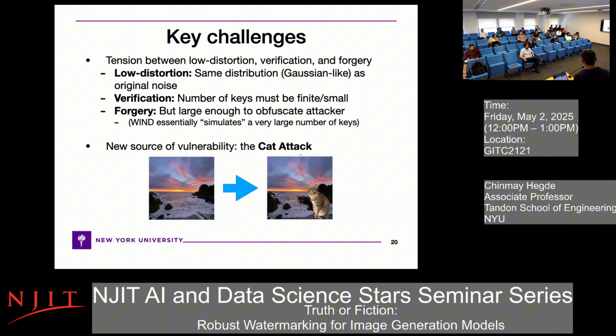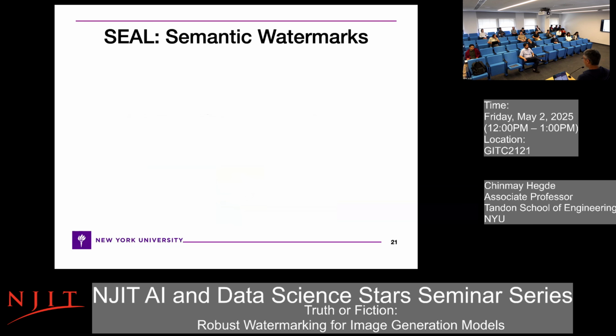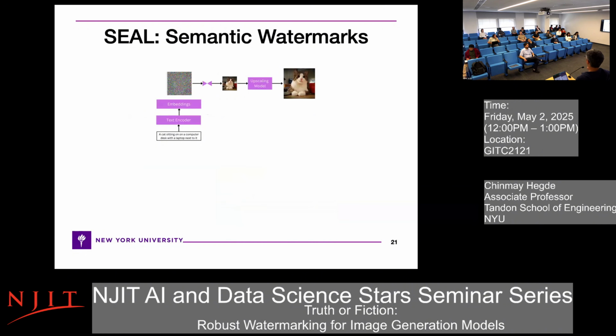So how do I prevent these kinds of attacks? We introduce something called SEAL, and here's where text prompting comes in. Remember, I sort of hid under the rug the fact that these models not only have a noise input, but also your text prompt. So in some sense, your output has to semantically match what you're trying to generate. So there is a text prompt which produces the image. The key idea that we use here is to leverage the text prompt.